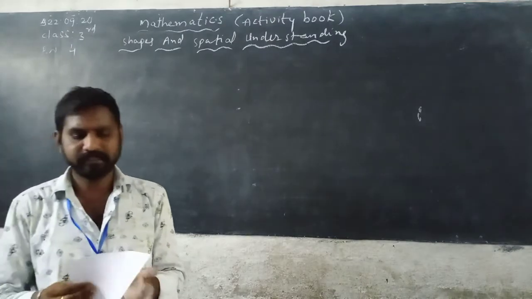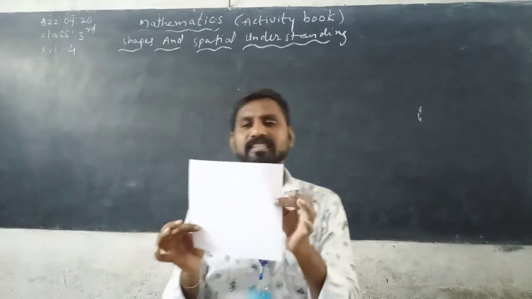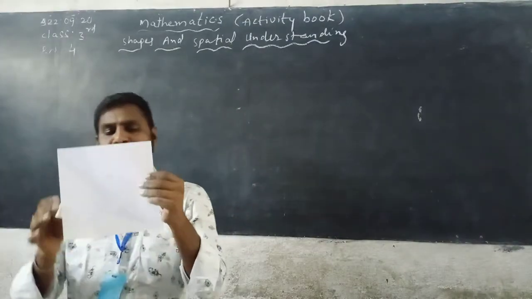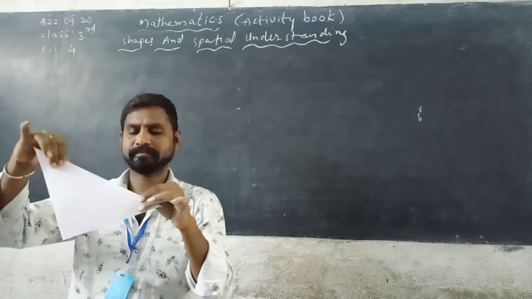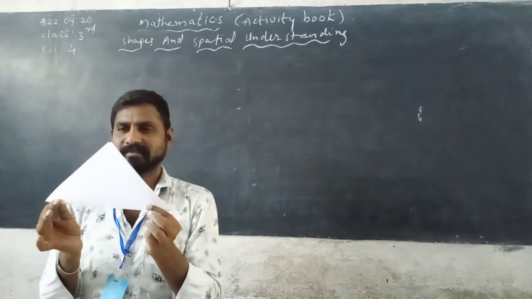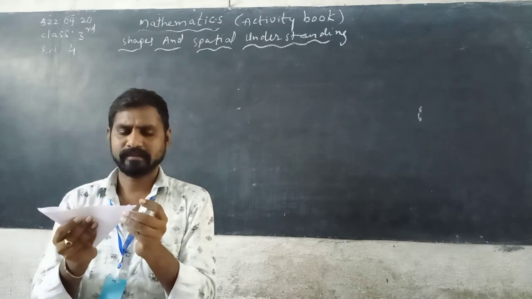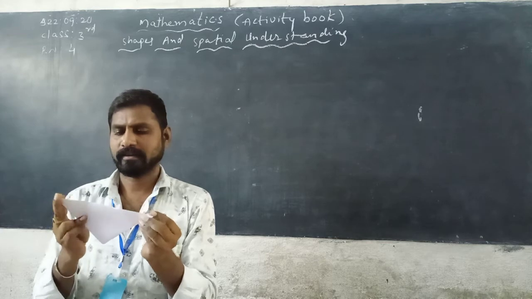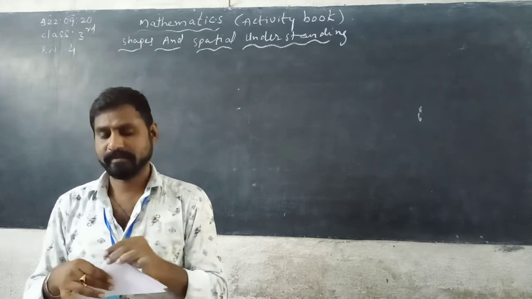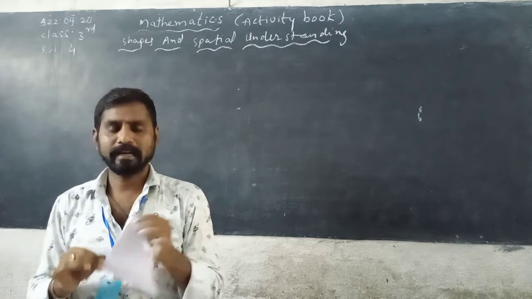Then open it. What is this? This is a square. You can fold this like only. So this is a triangle. You can fold again, and trace the paper.